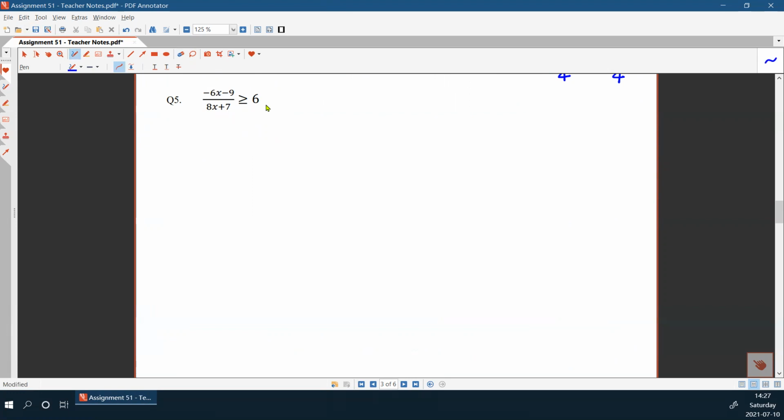Okay, let's have a look at this. First of all, again, let's rewrite the whole expression using the common denominator, which is 8x plus 7. Okay, when you move 6 to the other side, it becomes minus 6, greater than or equal to 0.